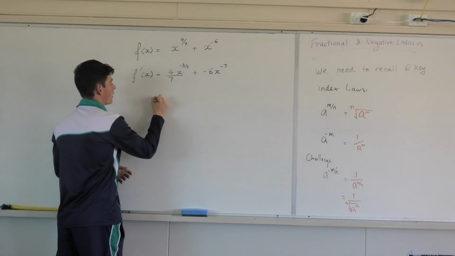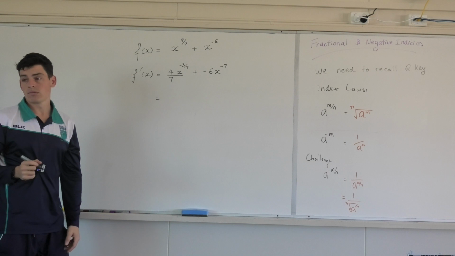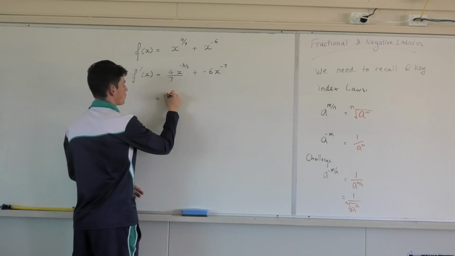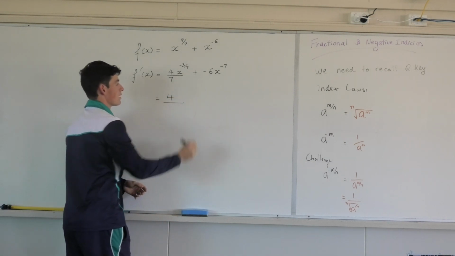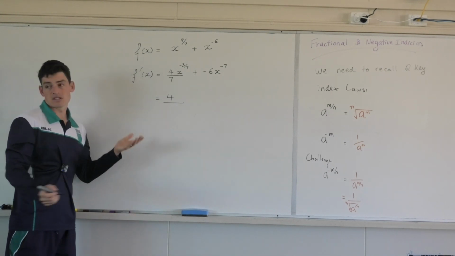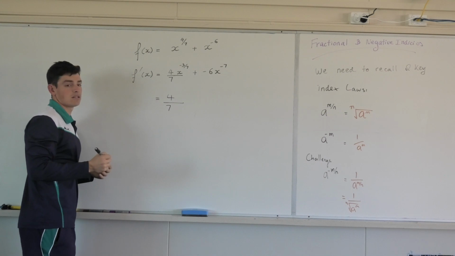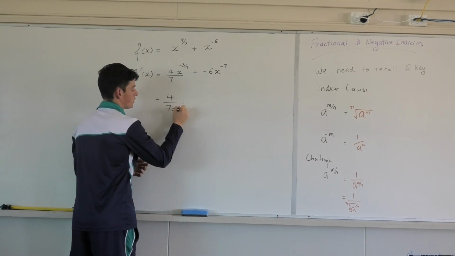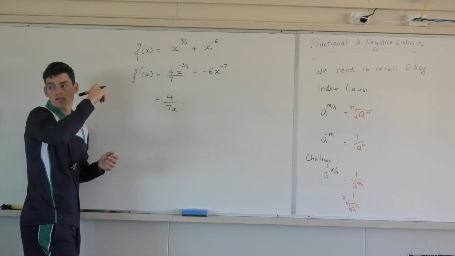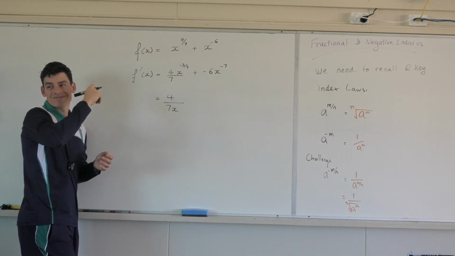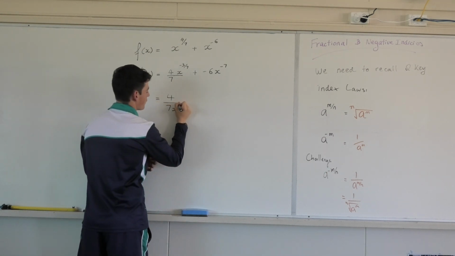So does the 4 go down the bottom, or does it stay on the top? It stays on the top because it's not associated with the power. What about my 7? Do I just leave it? Yep. What happens to my x? Goes in the bottom. Do I flip the powers or anything? Should just be 3 over 7 still.